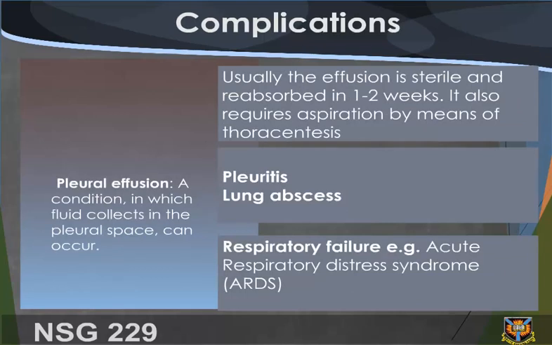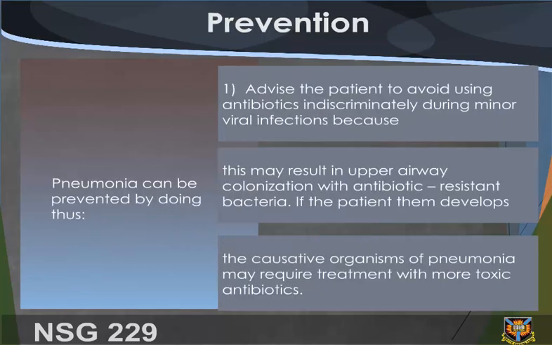Pleural effusion. A condition in which fluid collects in the pleural space can occur. Usually, the effusion is sterile and reabsorbed in 1 to 2 weeks. It may also require aspiration by means of thoracentesis. Others include pleuritis, lung abscess, and respiratory failure, e.g. acute respiratory distress syndrome, ARDS.